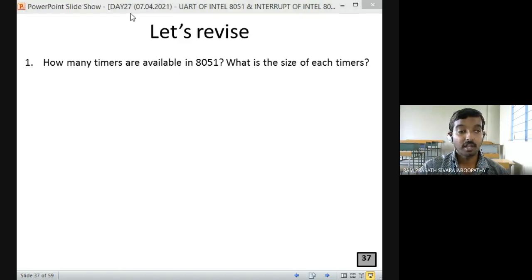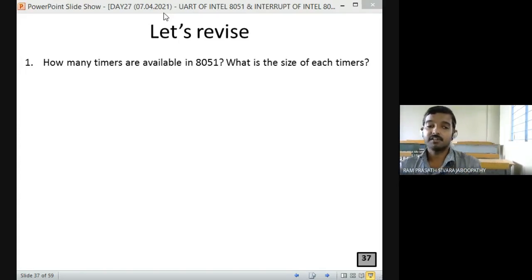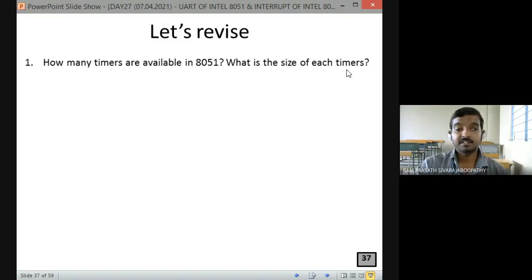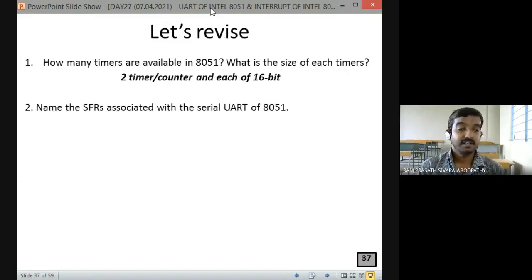Yes, very good, 2 timers are available. What about the size of each timer? 2 16-bit independent timers or counters are available. Okay. Next, name the SFRs associated with the serial UART of 8051.